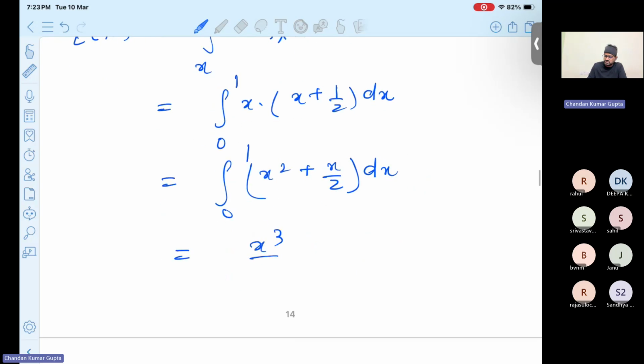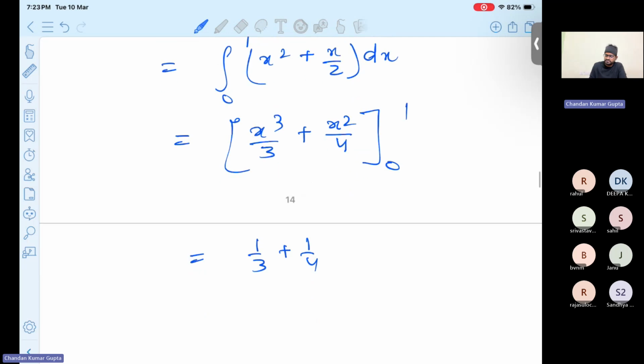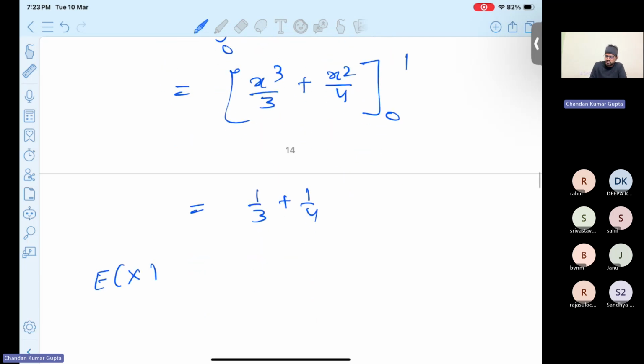Now it's x cubed by 3 plus x square by 4, from 0 to 1. Putting the values, it's 1 by 3 plus 1 by 4. So the expected value of x comes out to be 7 by 12.